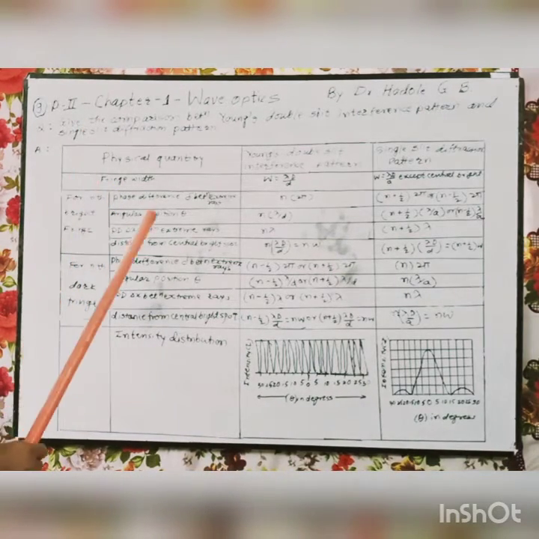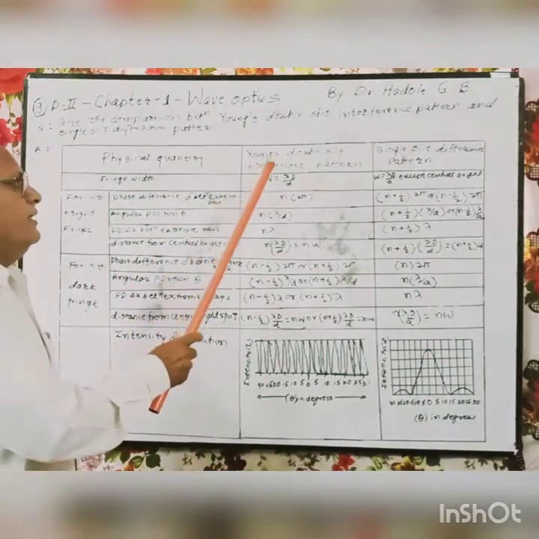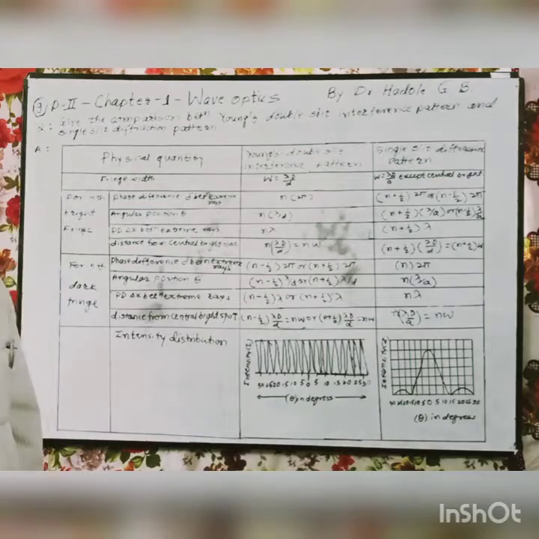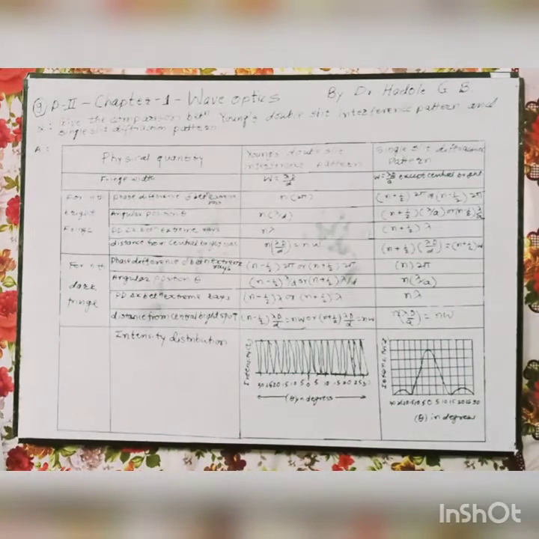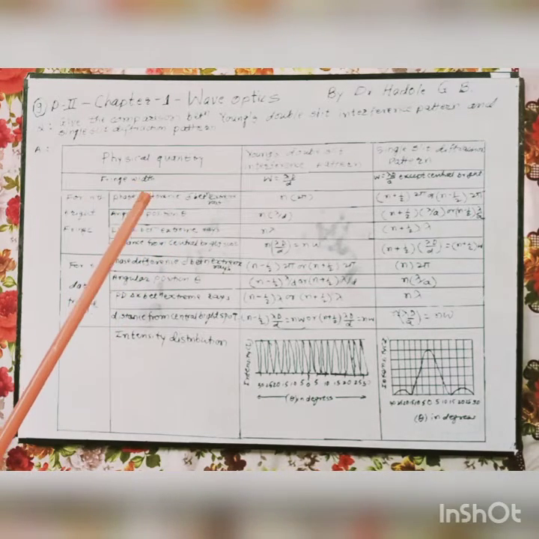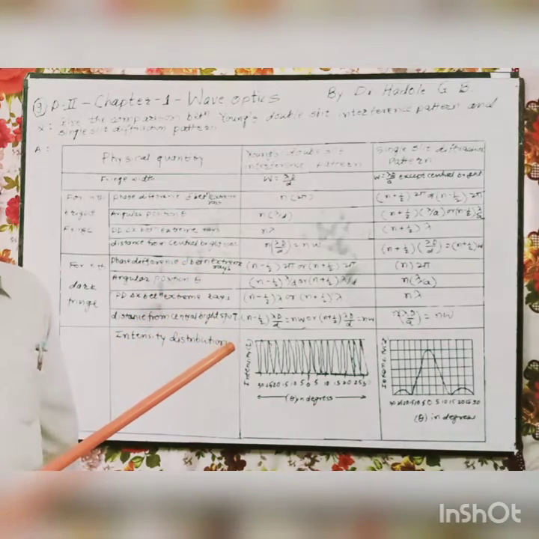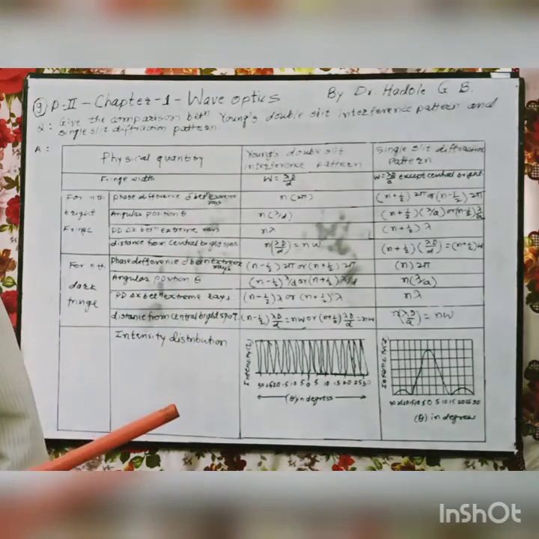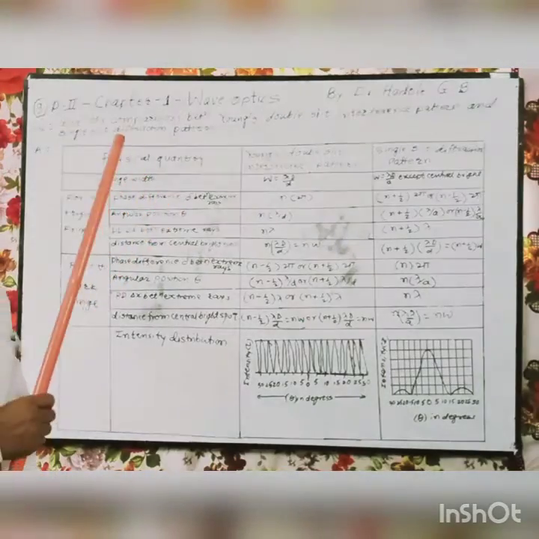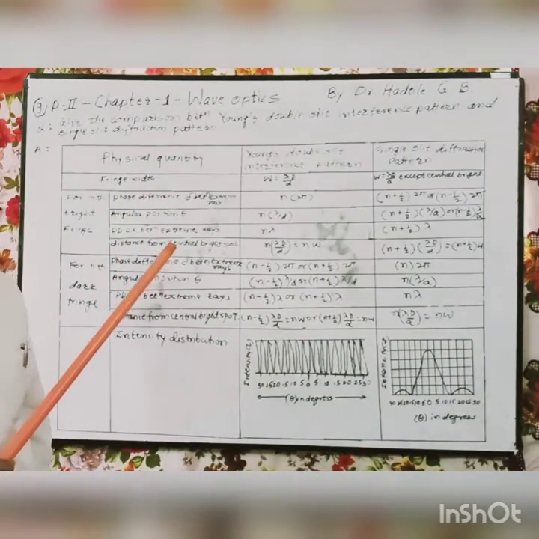One thing I would like to tell you: when Young's double slit experiment is performed, the slit width we use is very small, a few millimeters, and about 30 to 40 bright and dark fringes can be obtained.